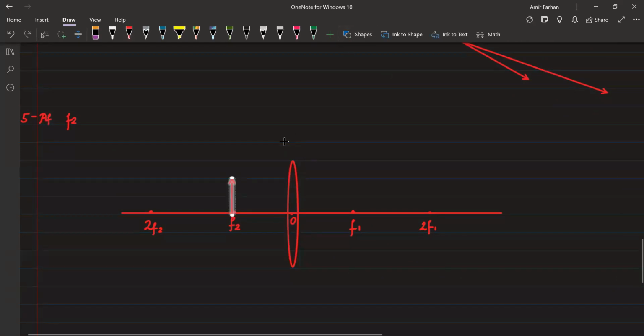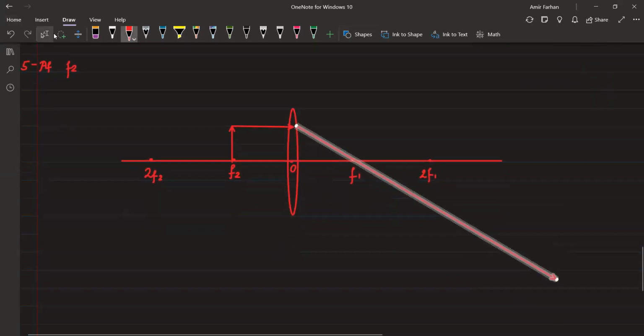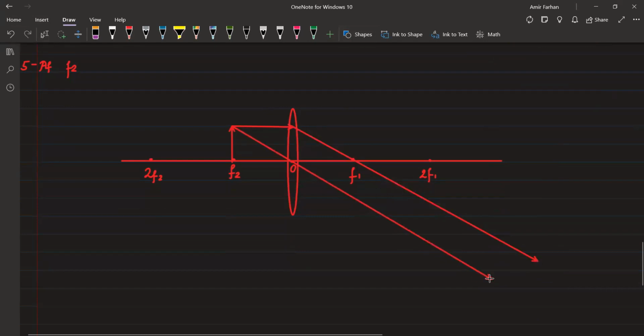First ray should be parallel to the principal axis. It will pass through the focus. Yes or no, everyone? Second ray will pass through the optical center, and there will not be any refraction.